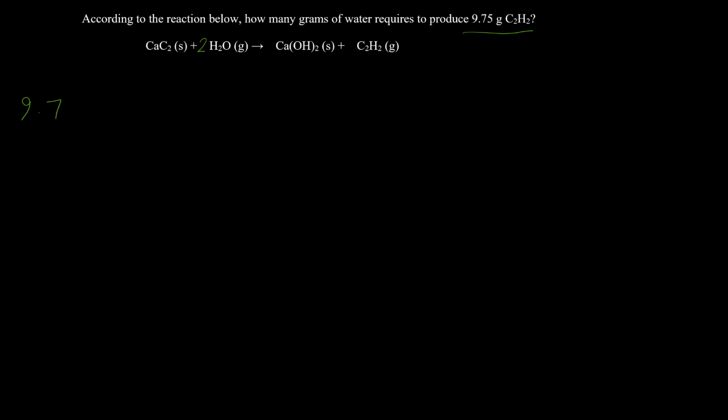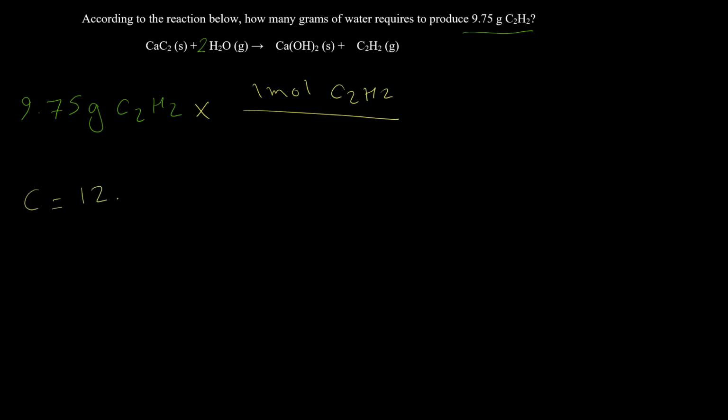So right now everything is balanced, then we can move to the calculations. So there is 9.75 gram C2H2 and we would like to convert it to gram of water. So first step, I need to convert gram of C2H2 to mole of that. 1 mole of C2H2 is equal to, we don't have molar mass of C2H2 here, so we need to calculate it by ourselves.